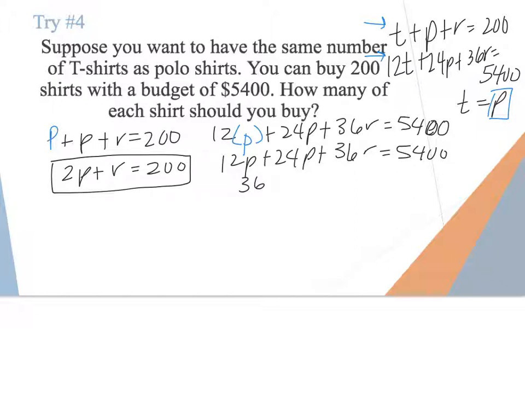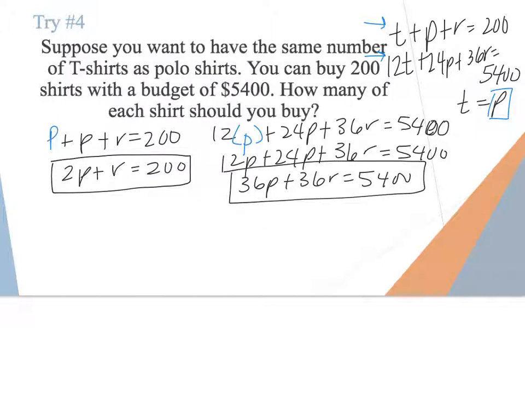That becomes 36P plus 36R equal to 5,400. Okay, so that is the second equation. And again, we'll put those two together. So I'm just going to stack it under here. So it's 36P plus 36R is equal to 5,400.